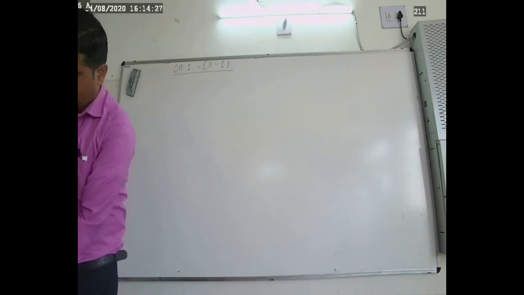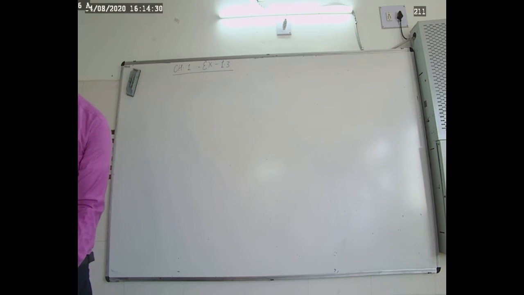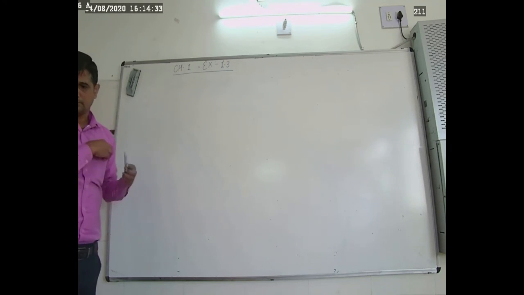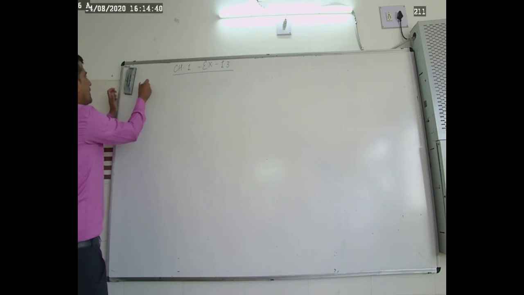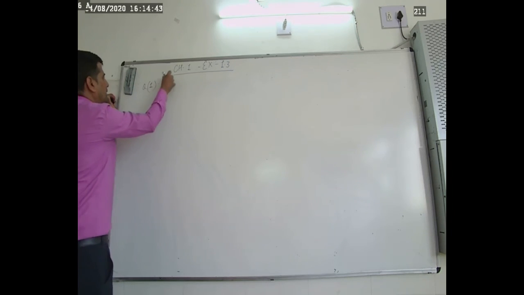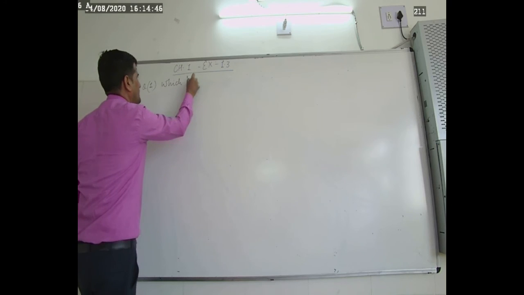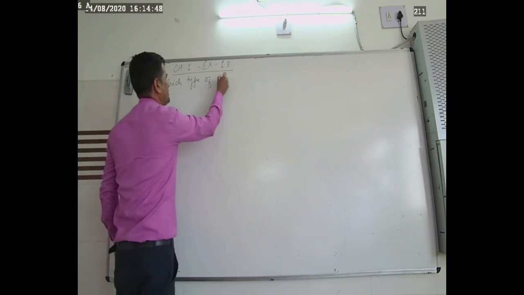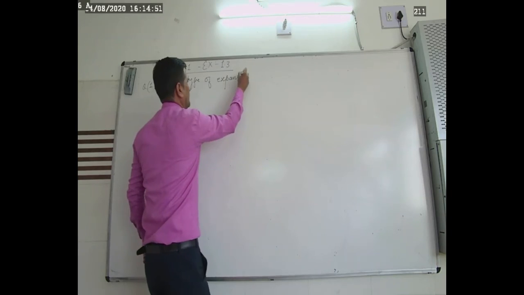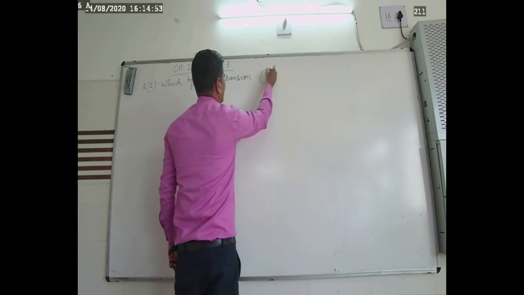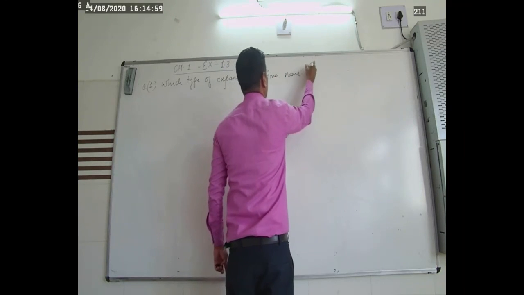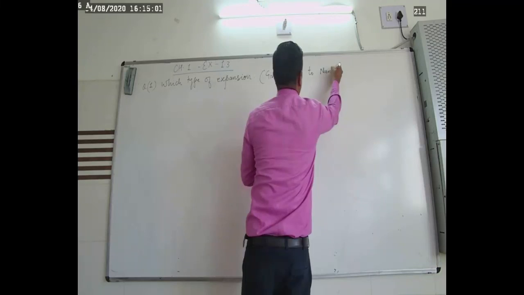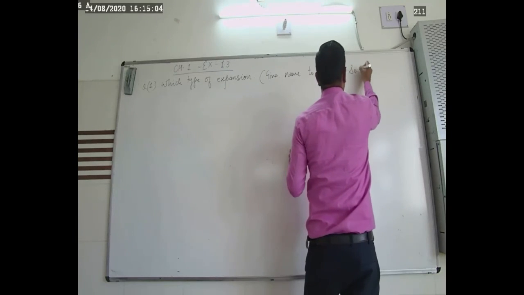In exercise 1.3, let me see the question here: which of the following, which type of expansion, and give a name to the number so obtained?